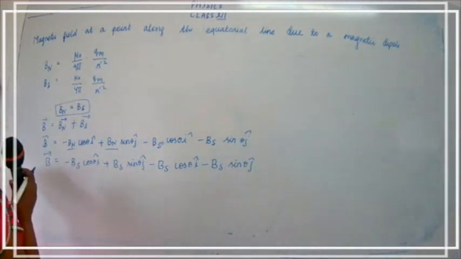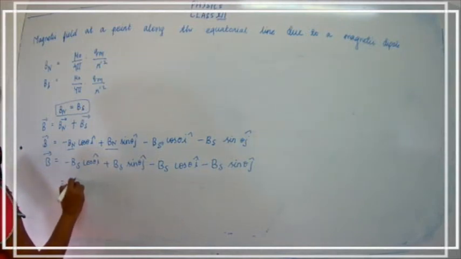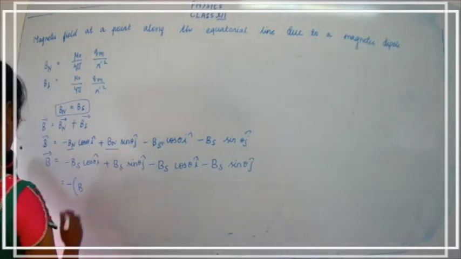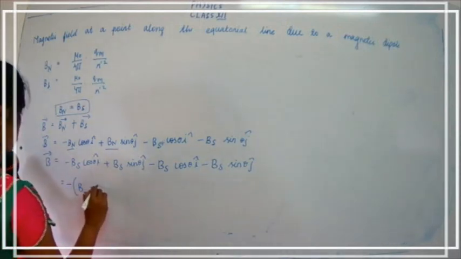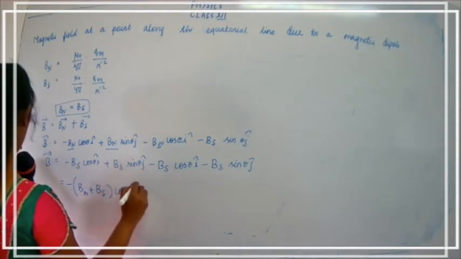So take the common outside, that is minus of 2 Bn cos theta I cap.